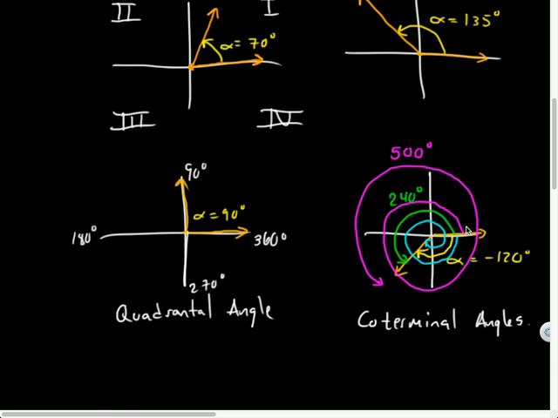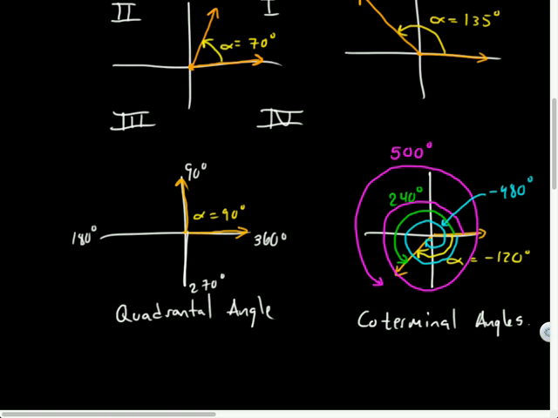Negative 240? No. Negative 500 would have been like here. Negative 480, I think I was hearing, yeah. It'd be negative 120 minus another 360.